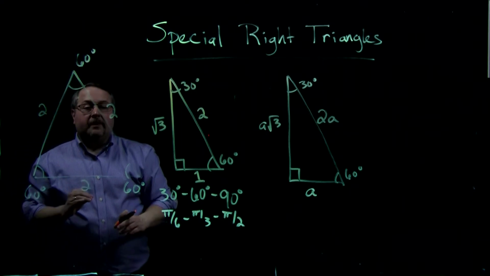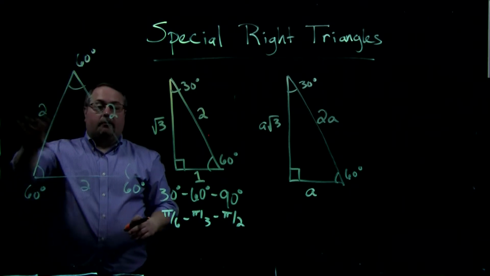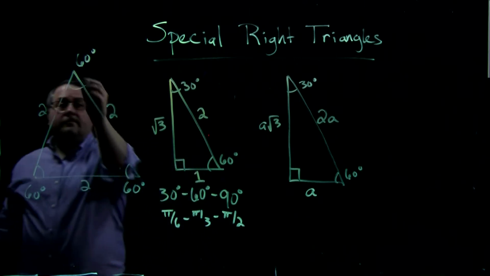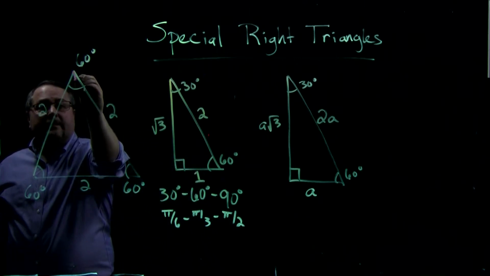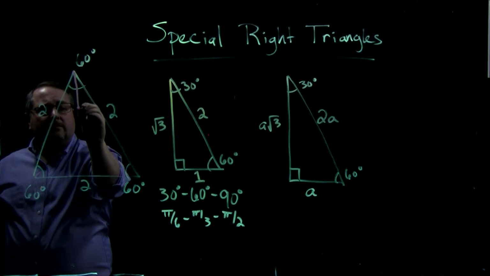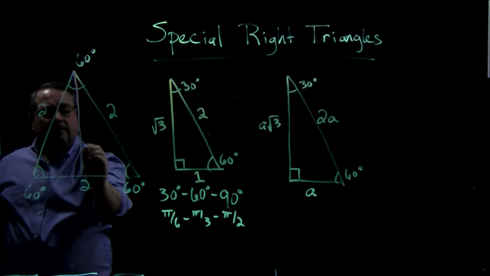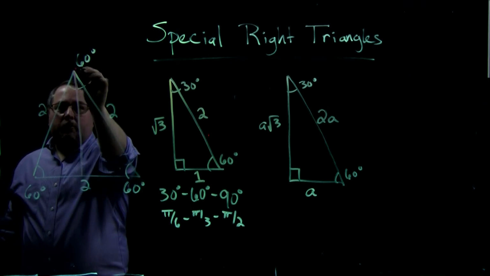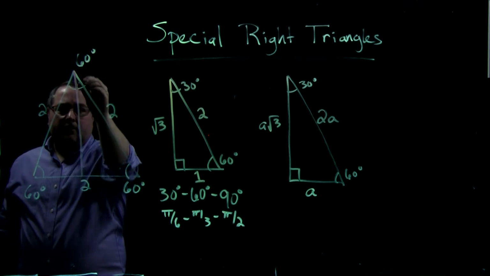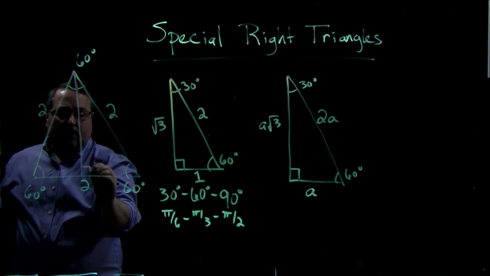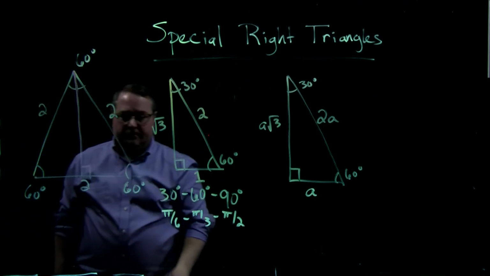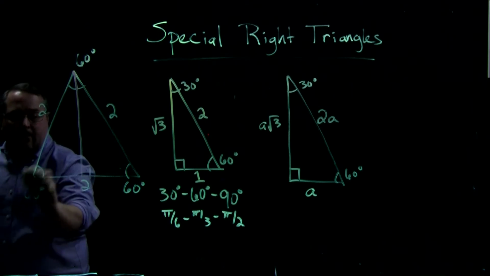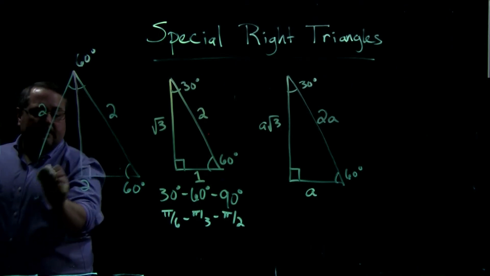As I said in the previous video, an equilateral triangle has to have 3 60-degree angles in it. So now what we can do is bisect this equilateral triangle straight down the middle. We're just going to drop down a vertical from the apex, from the top of the triangle, all the way down perpendicular to the base. And then we're going to take the left-hand side of that triangle and just get rid of it.